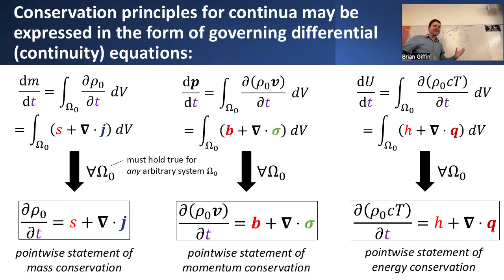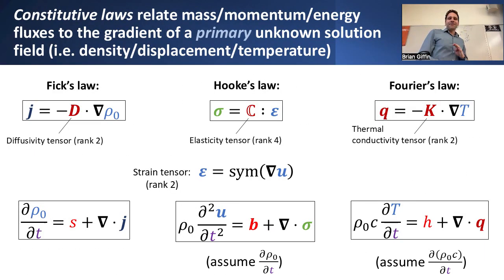Effectively, they all convey the same idea, some kind of conservation of some particular quantity of interest, mass, momentum, or energy, but expressed in terms of these differential equations that have to hold in a pointwise sense everywhere. And that's really the essential idea behind governing differential equations in physics. They're intended to capture this idea that these conservation principles have to hold at every single point in some particular structure or anywhere, really. All right, now what can we do with this?